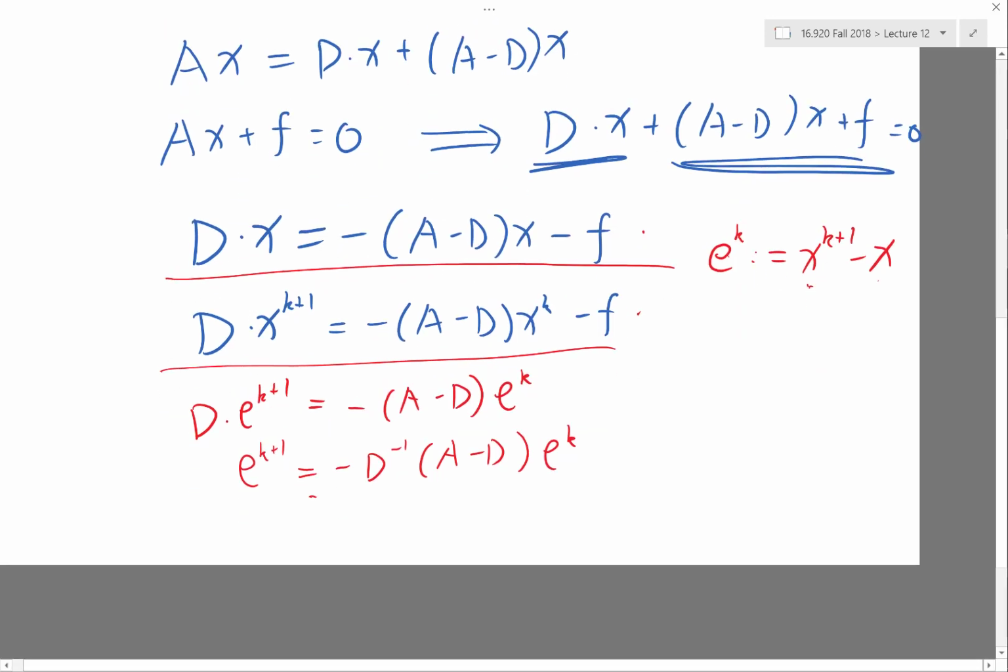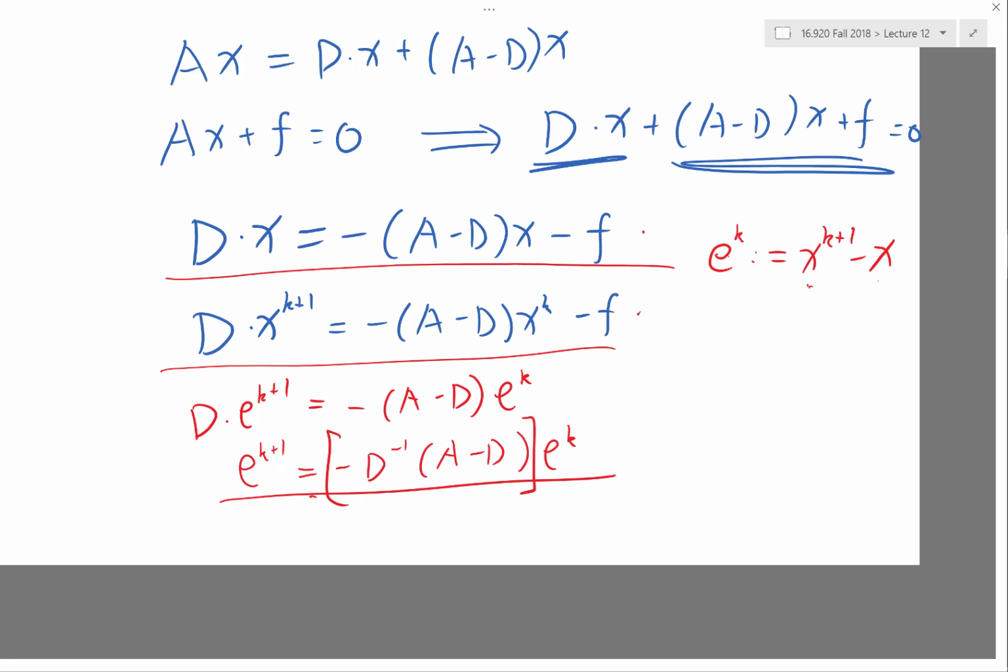So now this equation determines how each successive iteration is going to decrease the approximation error. Okay, and this particular matrix, minus d inverse times a minus d, is called the iteration matrix of the Jacobi iterations.